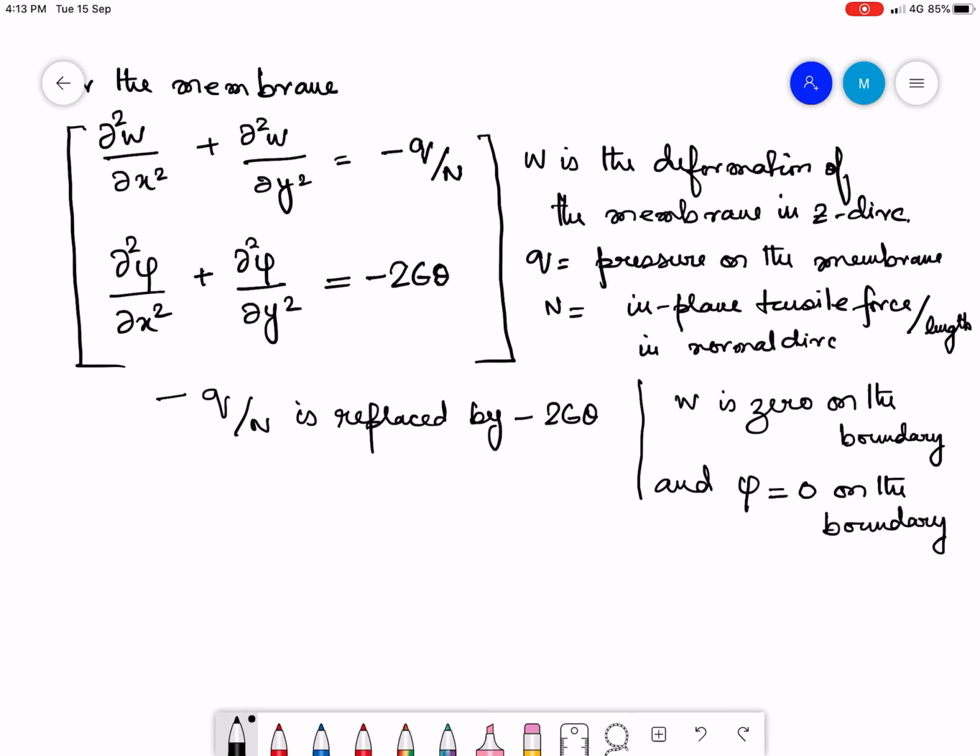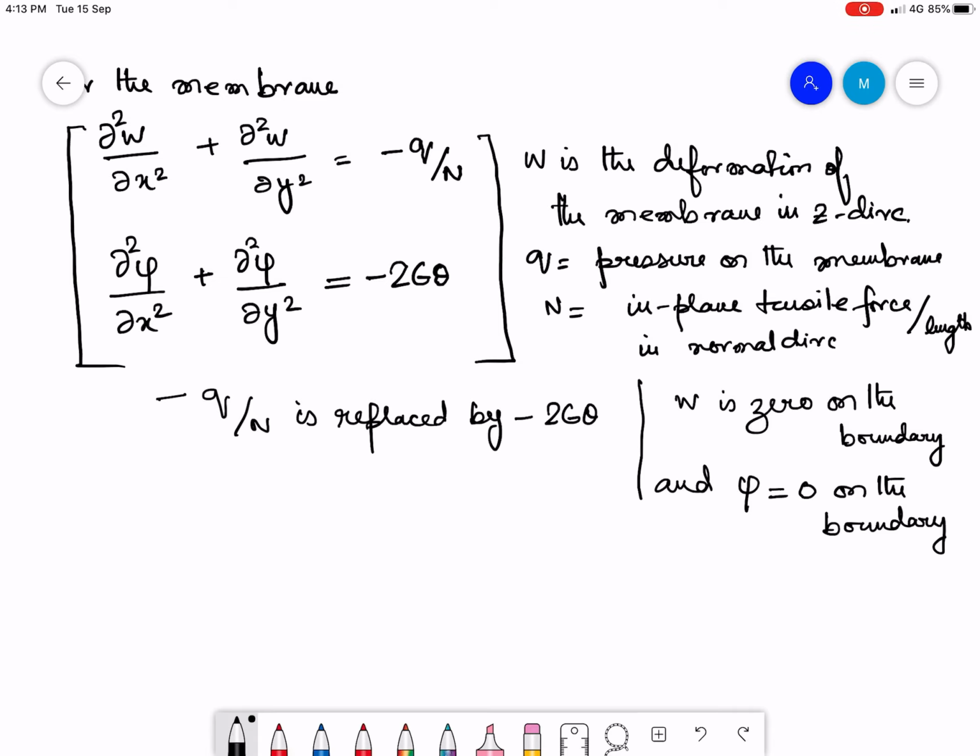Right. So, not only the equations, but also the criteria of W being 0 on the boundary is satisfied. Okay. Therefore, we can say that if we can experimentally find out the deformed shape of the membrane, we can very easily obtain an estimate of the stress function. Okay.